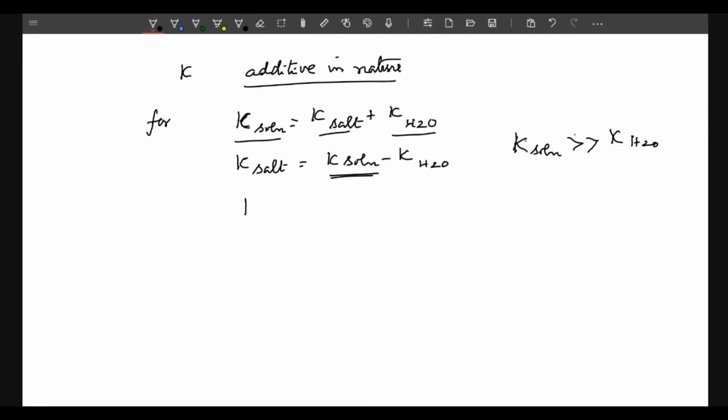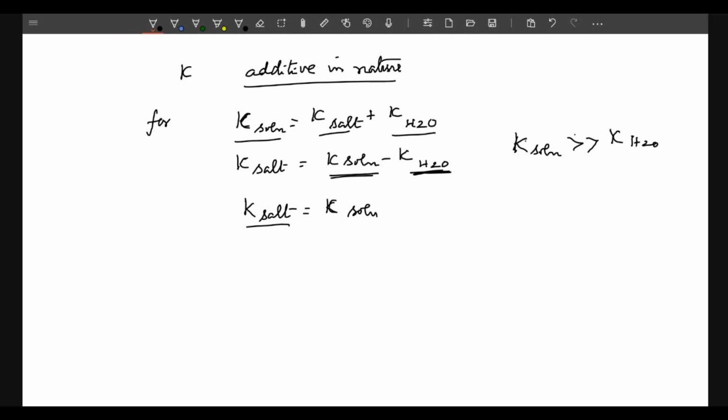Therefore, we can say that the kappa of the salt is equal to the kappa of the solution, because the water value is negligibly small and can be neglected. This is for a strong electrolyte. You need not subtract the specific conductance of the water. Then you apply it for the calculation, because it is more or less the same, no error would creep in.